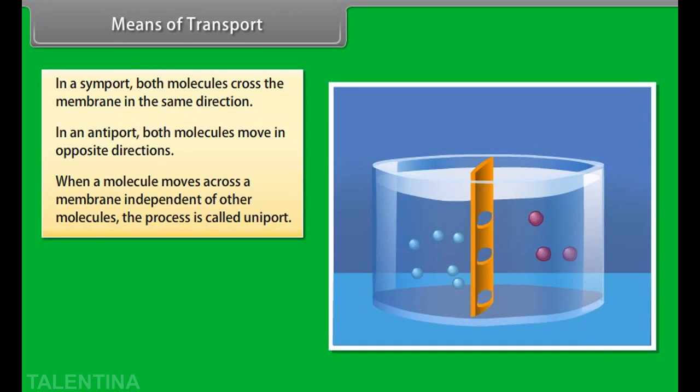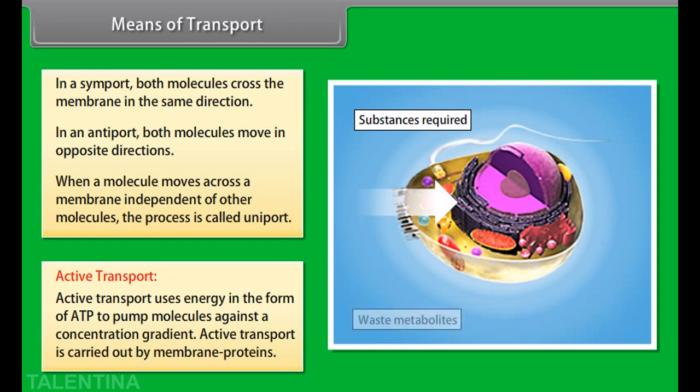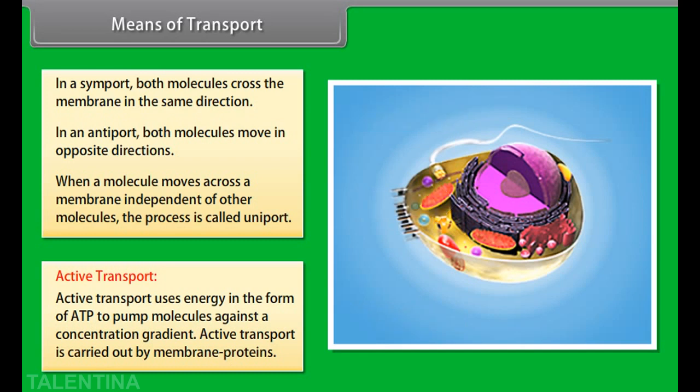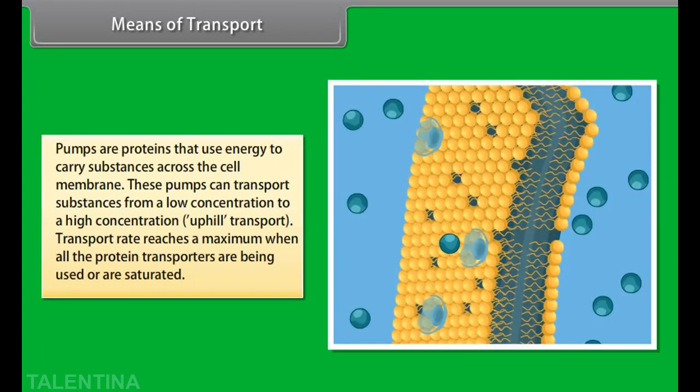Another means of transport is active transport. Active transport uses energy in the form of ATP to pump molecules against a concentration gradient. Active transport is carried out by membrane proteins. Hence, different proteins in the membrane play a major role in both active as well as passive transport. Pumps are proteins that use energy to carry substances across the cell membrane.